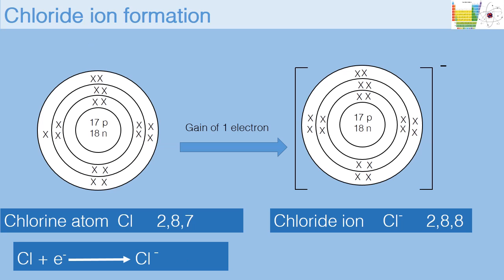But for the chloride ion, we have 17 protons, which are positively charged, and 18 electrons, which are negatively charged. Hence, we'll say 17 plus negative 18 to give us negative 1. But we do not write 1, so we just write the negative sign.